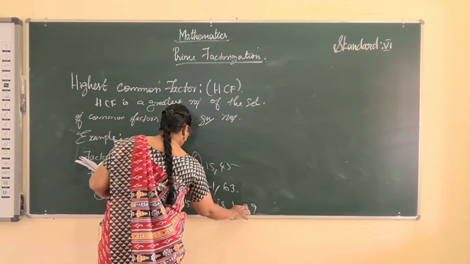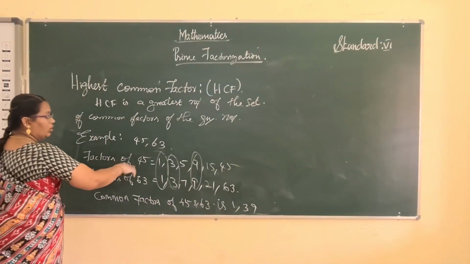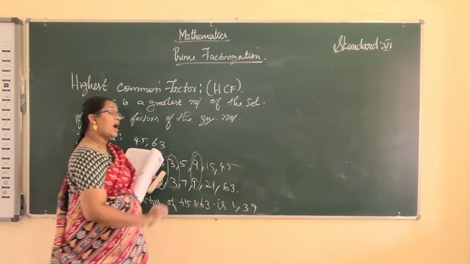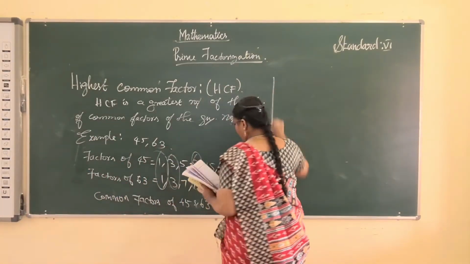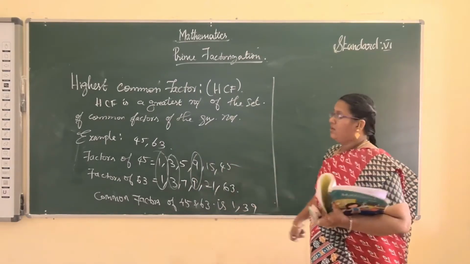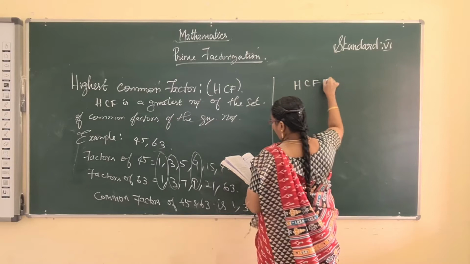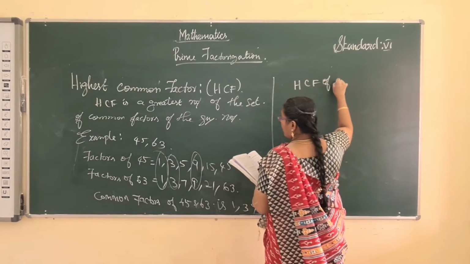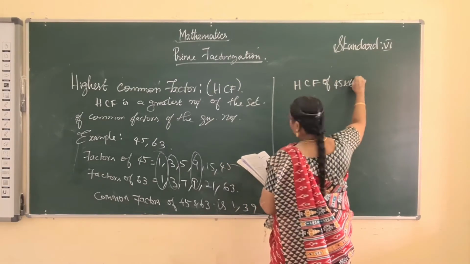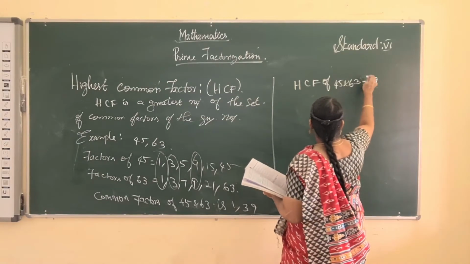They are common to both numbers. If you look at the common numbers, which one is highest? 9. So HCF of 45 and 63 is equal to 9.